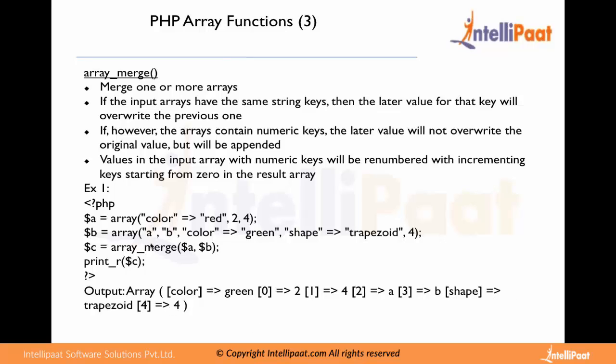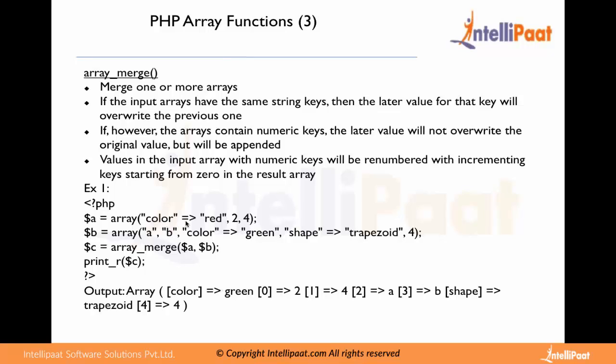So it will merge both arrays and return me a new array. Suppose I am passing a key and value, then it will return me the key and value. If I am not passing a key, then it will take the key as a numeric value, and it will always start from 0.